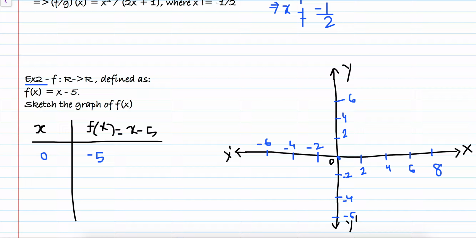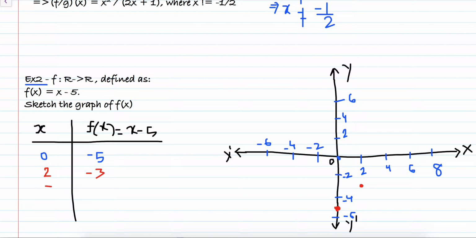So if x is 0, y is minus 5, that is somewhere here. So it will pass through this point. Next, if x is 2, then we will have 2 minus 5, minus 3. So for 2 we have here minus 3.